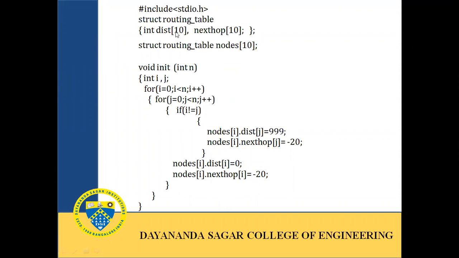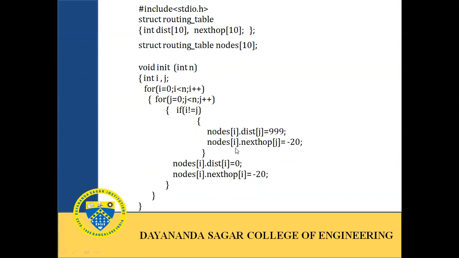Now we have to initialize these arrays, the vector that is maintaining the distance and the next hop. You can see there is an init function which does that job, which initializes the distance and the next hop entries. And you can see there are 2 initialization values. Suppose a node belongs to its own node, then what is the distance?